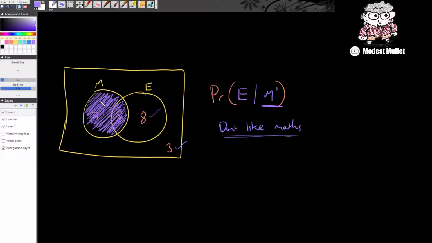Okay. So now we get to look at our reduced sample, our reduced survey, and we can see that the total amount of people still left is the 8 and the 3, so that's 11. And how many people actually meet our requirement, our favourable outcome, that they like English? Well, there are 8 people left that still like English.